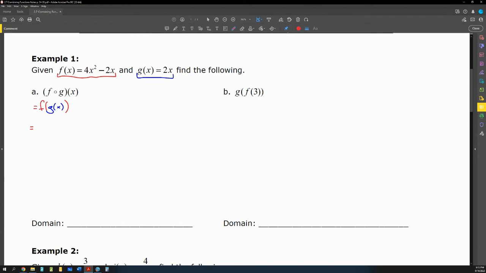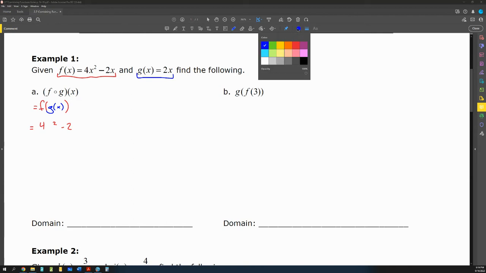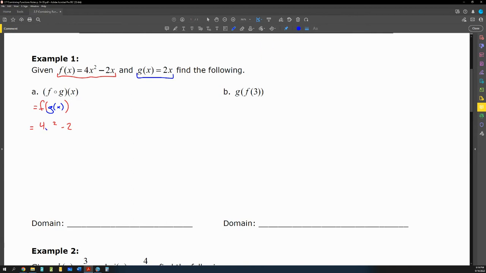So writing out f of x, I have 4x squared, and then minus 2x. But instead of writing out x, our input is no longer x, it's g of x. So instead of plugging in x, I'm going to plug in g of x, which is equal to 2x. So anywhere that I see x, I'm going to plug in 2x.